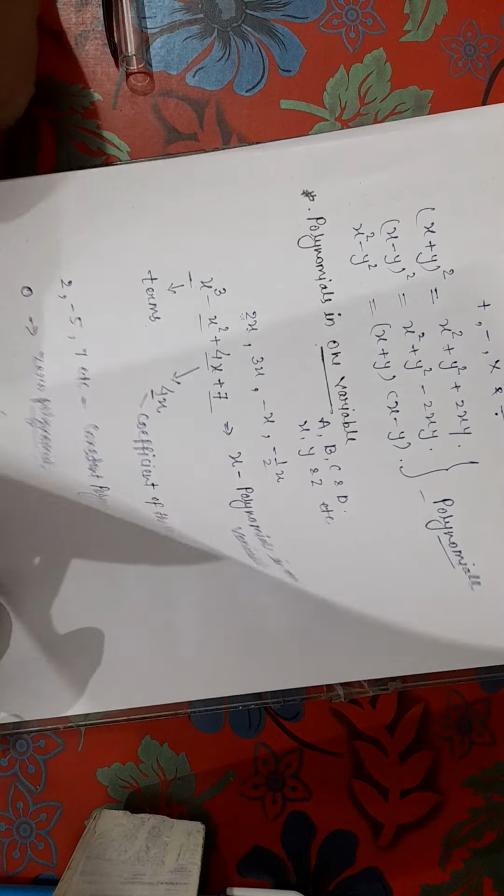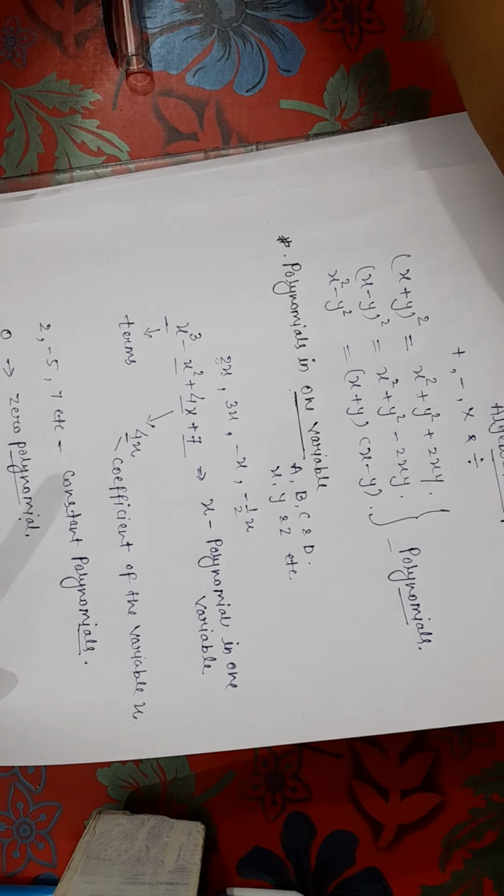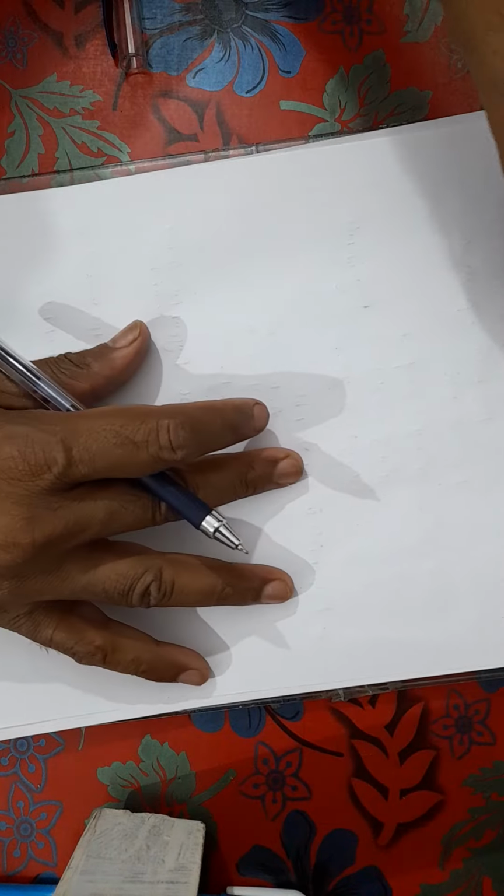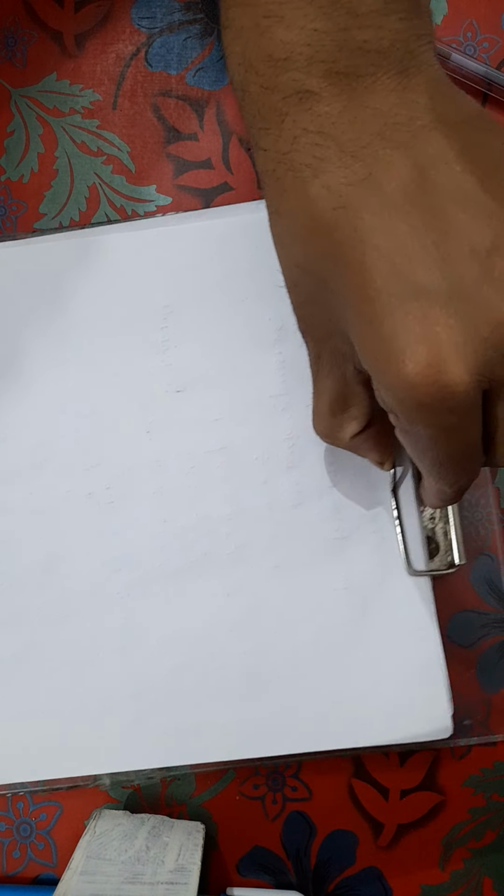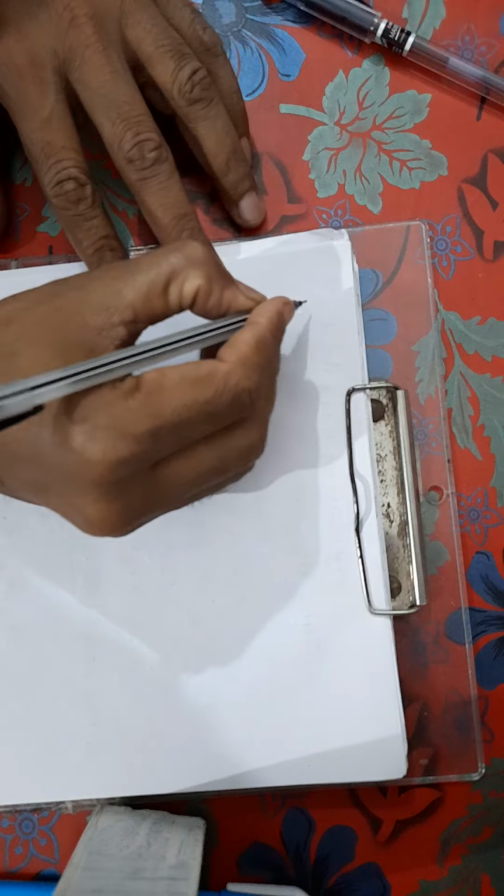Now the next is names of polynomials on the basis of terms. What is the heading?